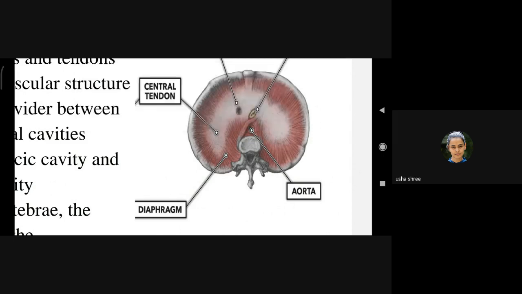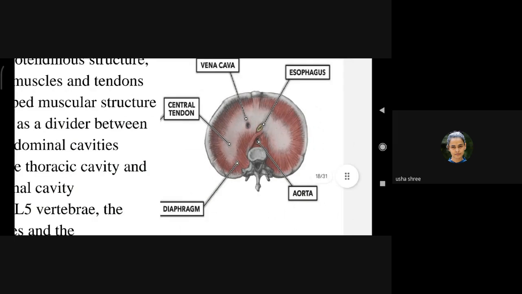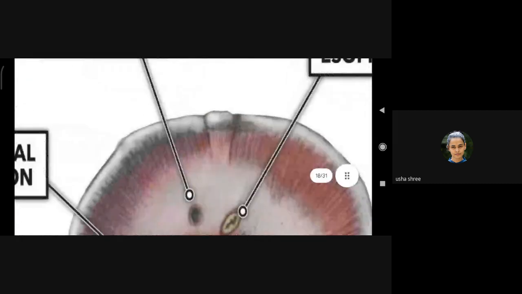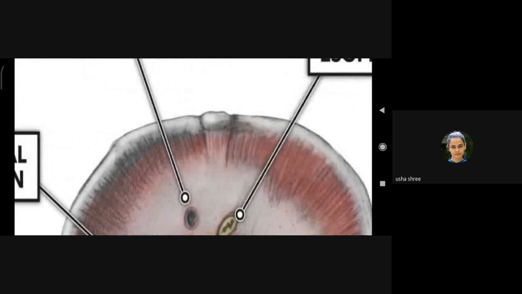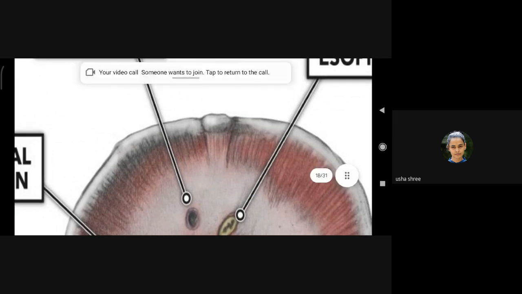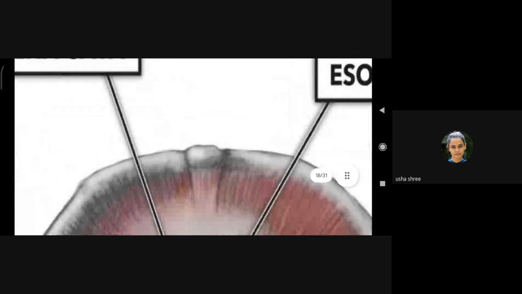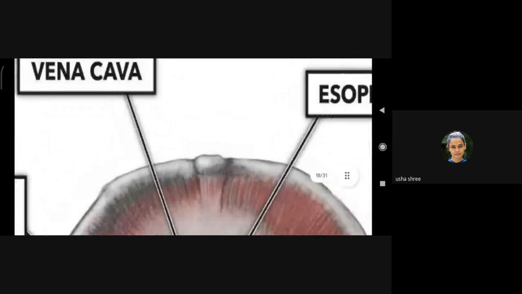And just at the opposite side of this vertebra, you can see a bit different structure. This structure is attached to the xiphoid process of the sternum, right?